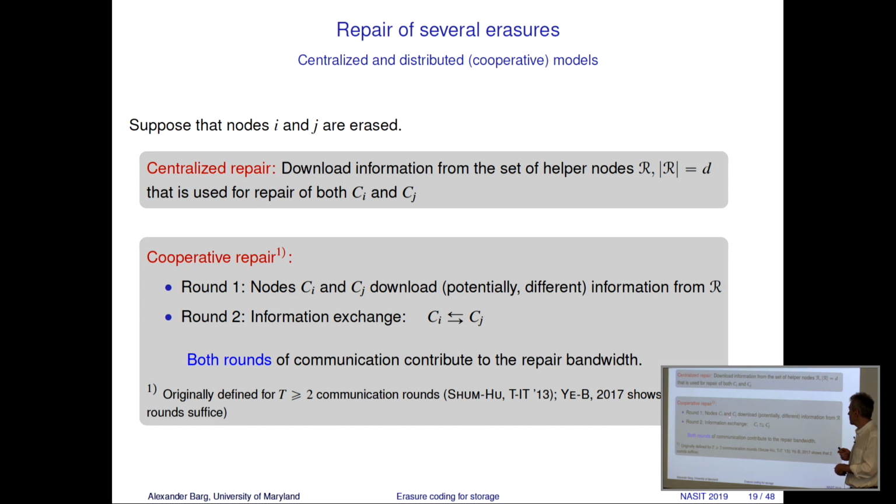As I defined the cooperative repair, that involves two communication rounds. Originally, it was defined for more than two. In the first work that discussed cooperative repair, Kenneth Shum and, I don't remember the first name, 2013. But in work with Min, we showed that 2 rounds suffice to do optimal repair in the cooperative case.